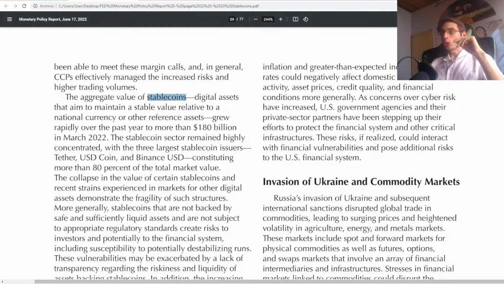And as concerns over cyber risk have increased, U.S. government agencies and their private sector partners have been stepping up their efforts to protect the financial system and other critical infrastructure, and that is true because we saw that, for example, not only the Fed itself, but I think the SEC also put in place a mechanism, like a team, to investigate cyber risk not only in stablecoins but also in protocols.